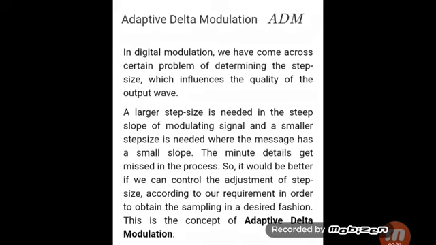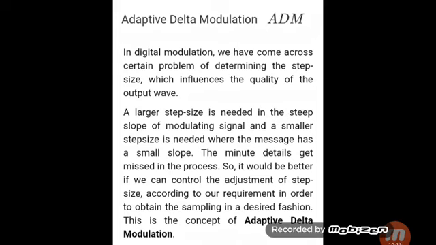That means the quality of the signal depends on the step size and at the same time on slope overload noise. The quality of the signal conversion depends on two major factors: slope overload and step size. So this is the brief information on adaptive delta modulation.